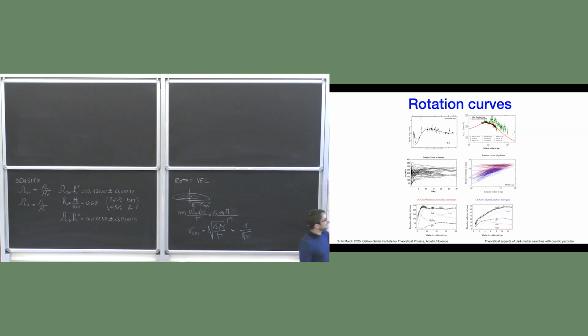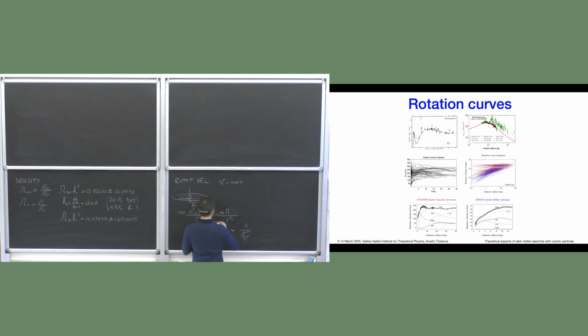But as you can see, if you sum, okay, here it is a bit small, but this is the bulge, this is the gas. If you sum these two, there is no way to get this number that is a factor of 4 larger with respect to the other contributions. So you really need to add something else. What you want to add is something that should give a velocity that is constant.